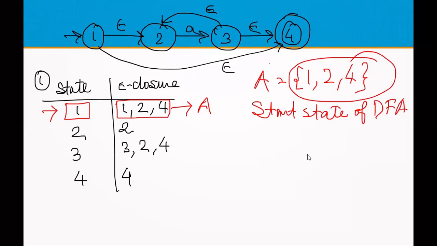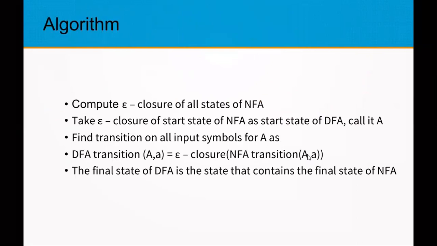So if I go back to the algorithm, the second step says take the epsilon closure of the start state of the NFA as the start state of the DFA and call it A. Then we go to the third step: find the transition on all input symbols for A. So we have to find the transitions on the set A for the input symbols of the language.